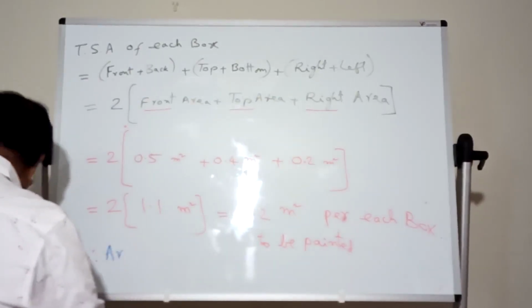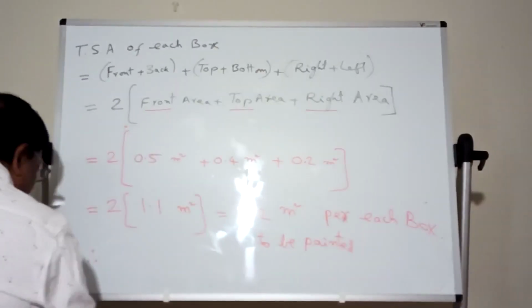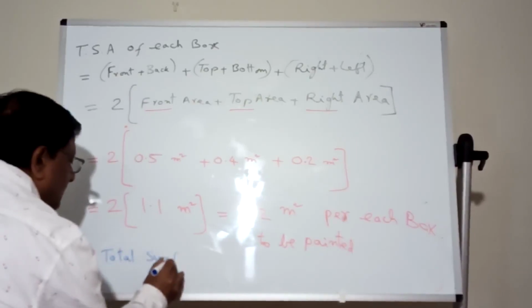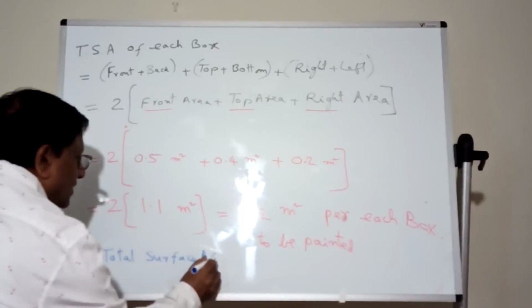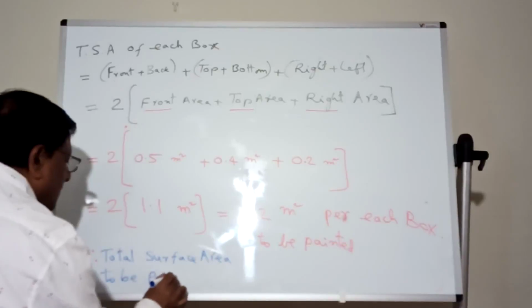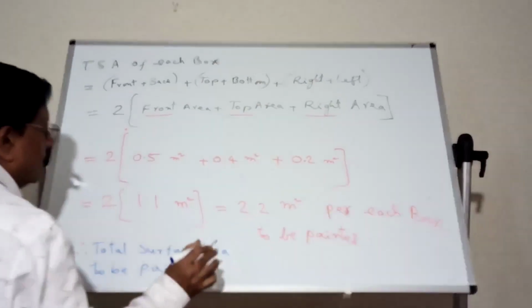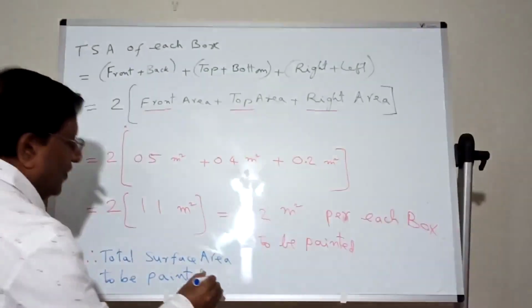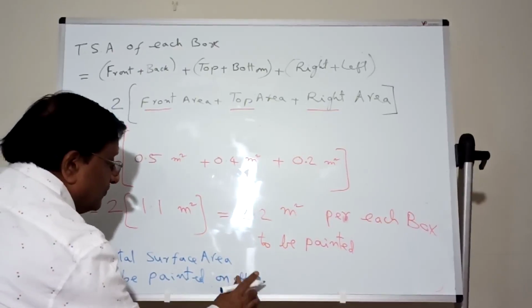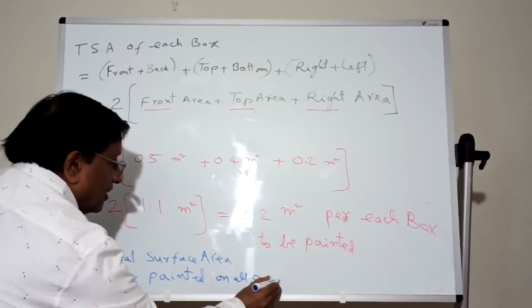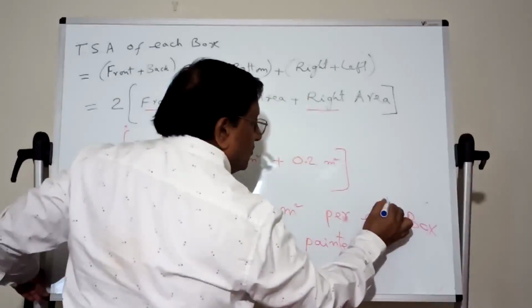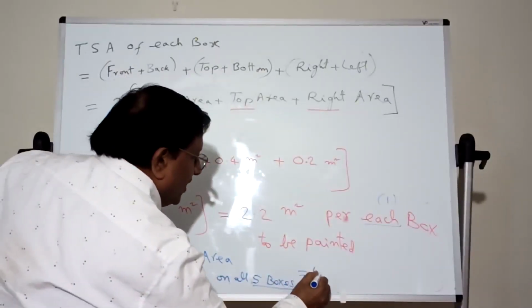Therefore, total surface area to be painted on all 5 boxes is equal to, this is for one box, so 5 boxes means 5 times 2.2.